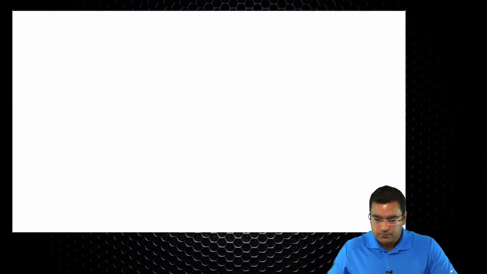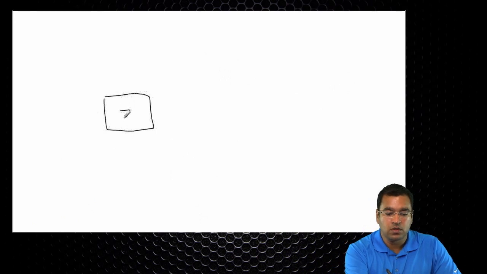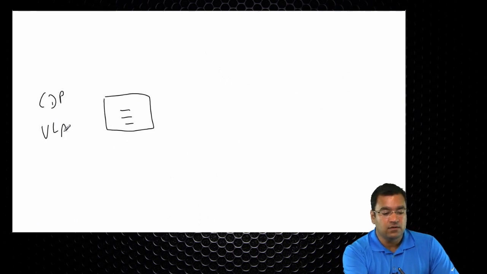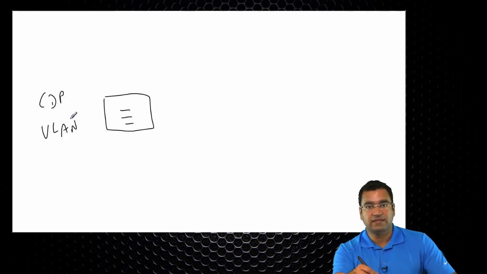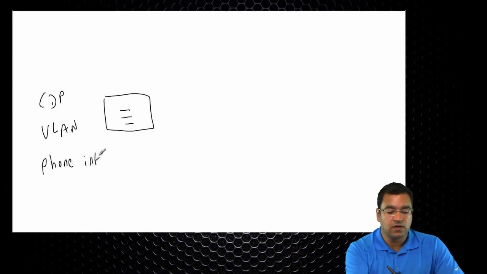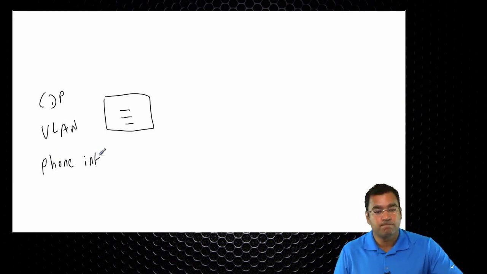The next thing, so I've got layer 2 all correctly configured here, I hope. CDP, did my check there, looked at the VLAN list, VLAN database. I've gone to the phone ports, phone interfaces, and configured voice VLAN, spanning tree port fast, access VLAN.